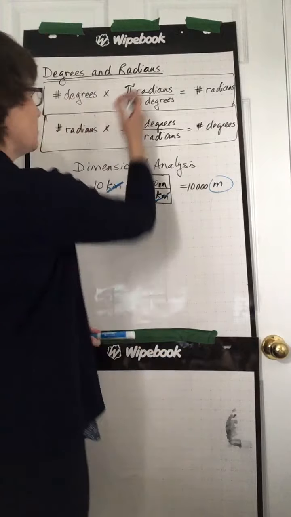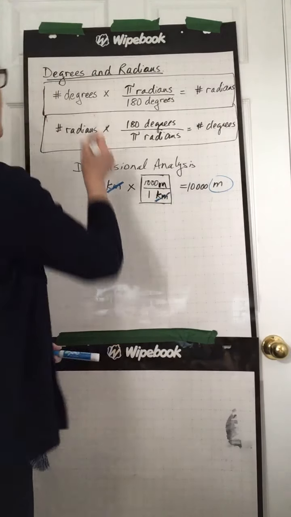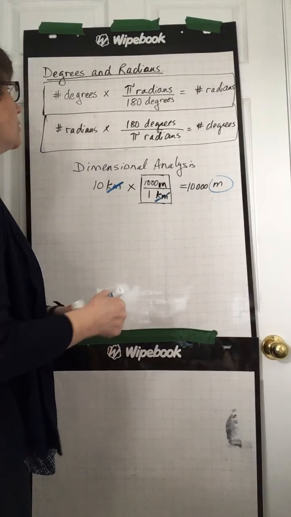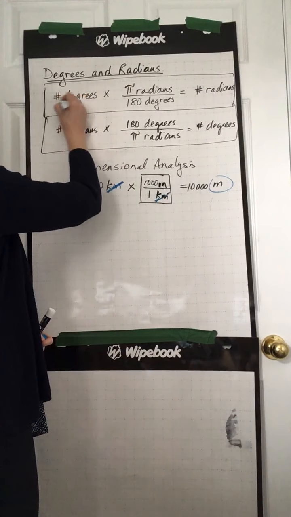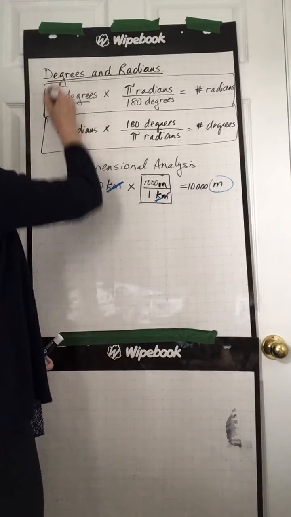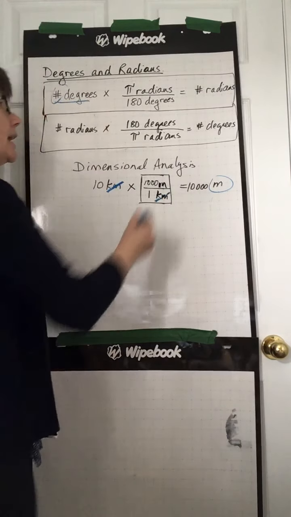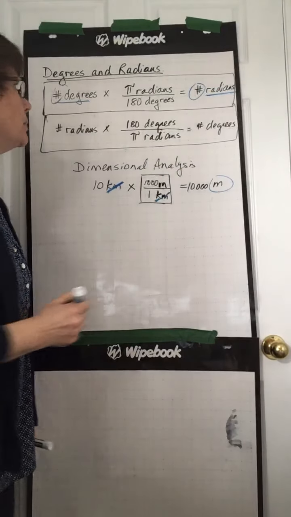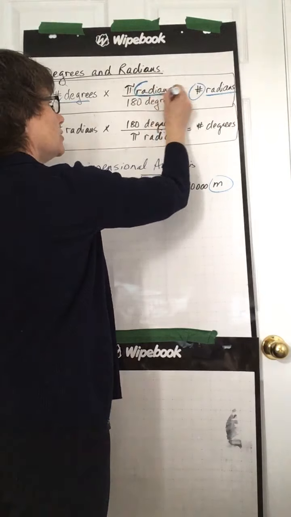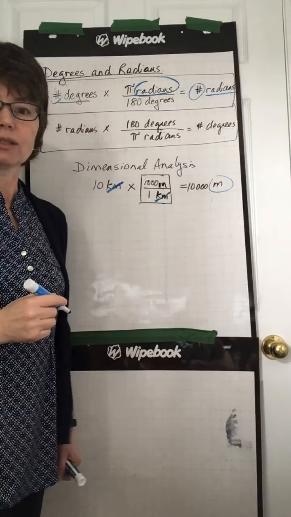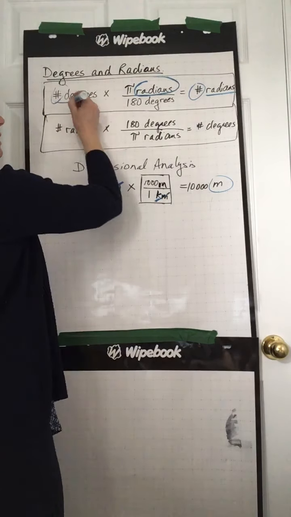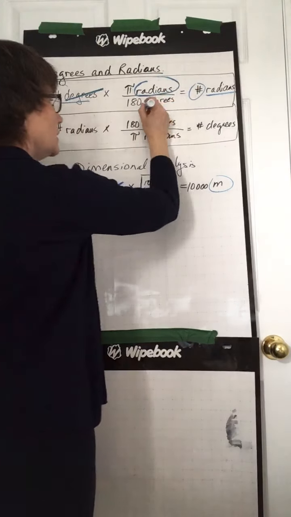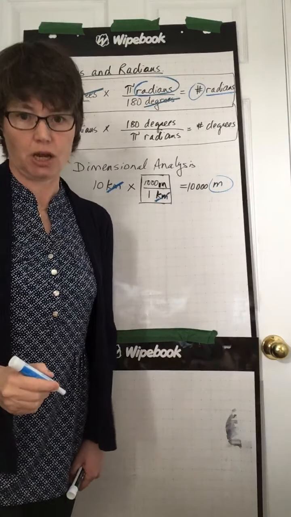So let's go back up here to our two formulas. If we're starting with degrees, so we have however many degrees we have, and we need to change it into radians, then we need radians in the numerator of the fraction we're multiplying by. We need to be able to cancel out degrees, so degrees must be in the denominator.